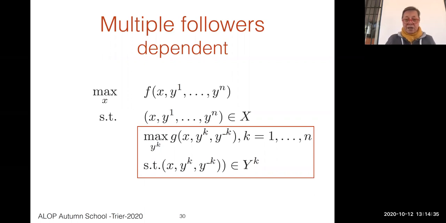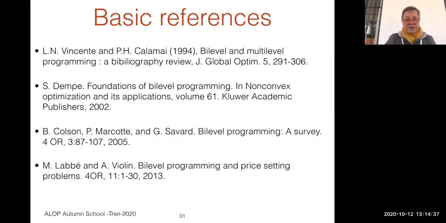Okay. Now that I'm done, before going to linear problems, here is a list of basic references. I put them in chronological order. The first one is a survey by Luis Vicente and Calamai on bilevel optimization.